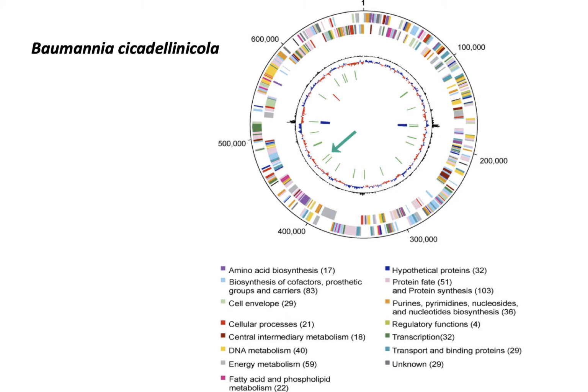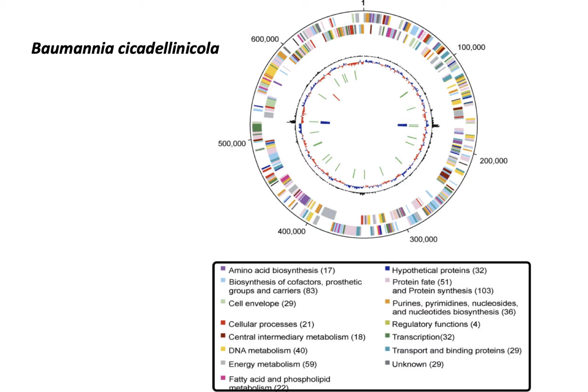The inner ring, those green lines, is where all the tRNAs are, and the two dark blue lines are where the ribosomal RNA loci are. All of them are pretty much dispersed throughout the genome, as in almost all bacteria. At the bottom, you can pick out some of the processes that are still represented in the genome of Baumannii.